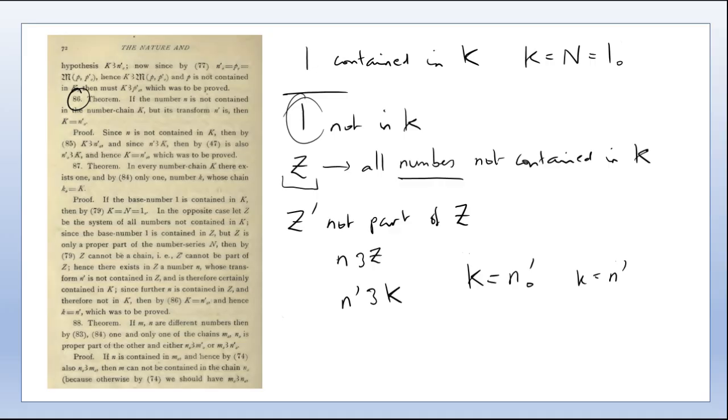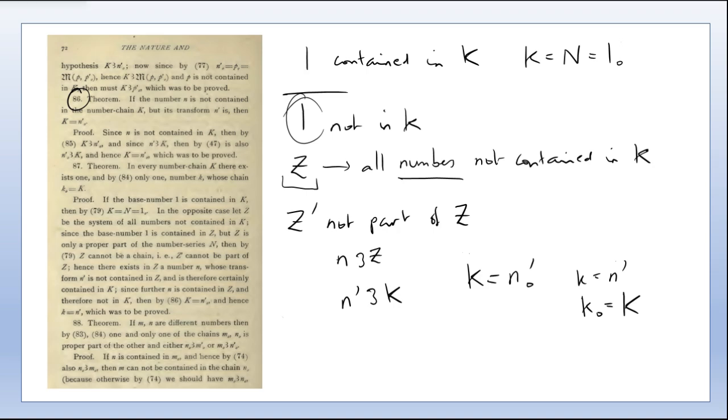Right, okay, so that means therefore that K naught, the number chain corresponding to the number K, is equal to uppercase K.